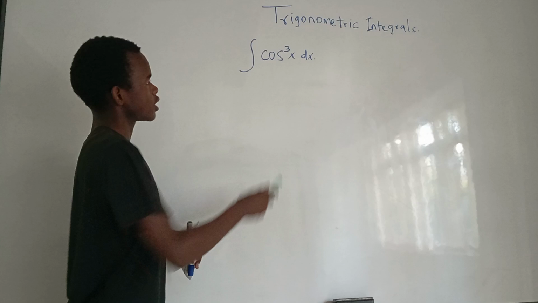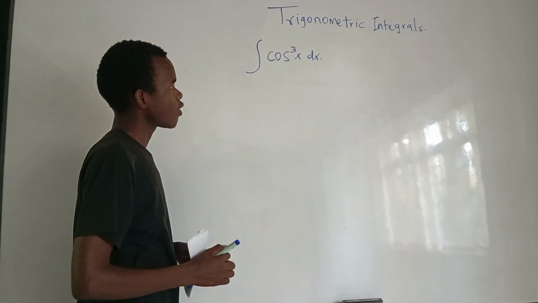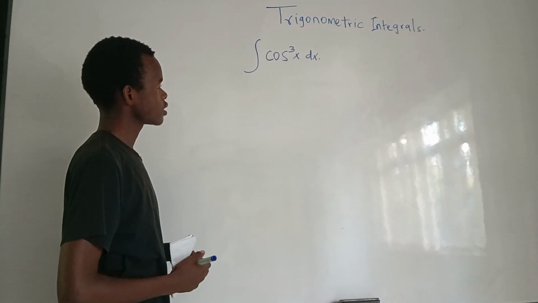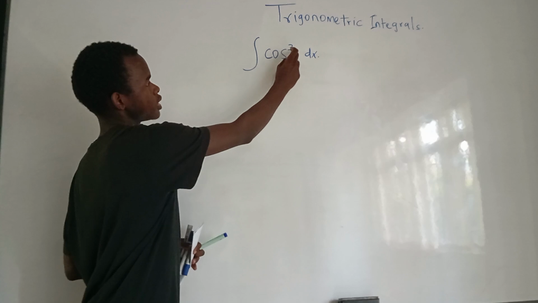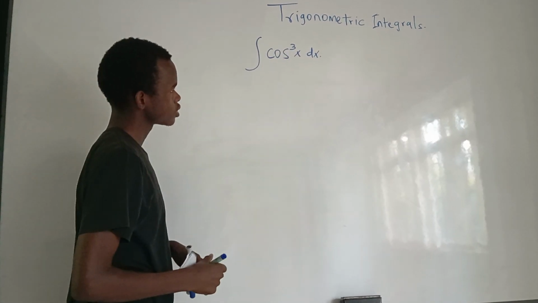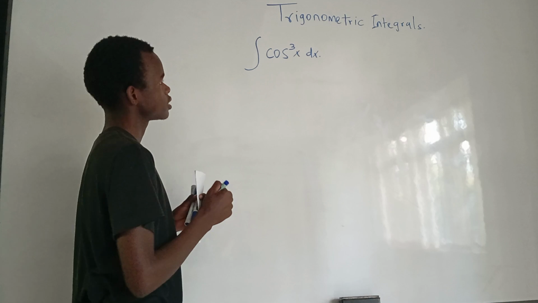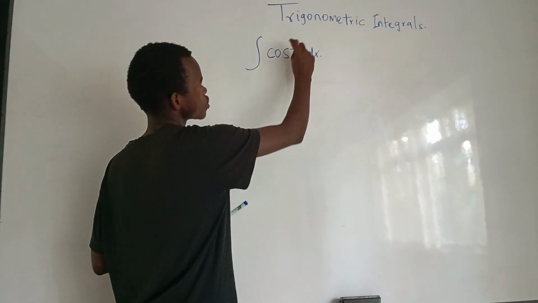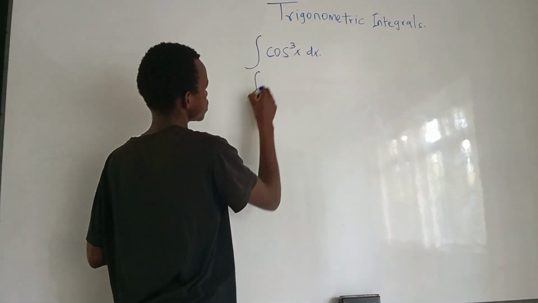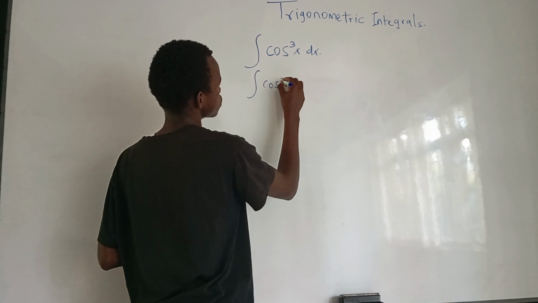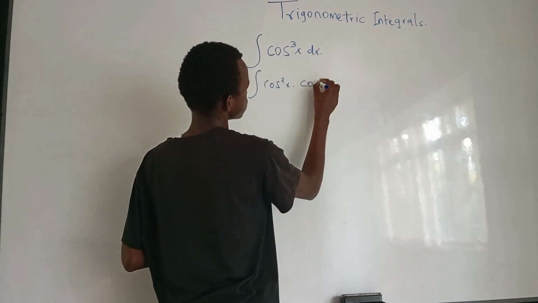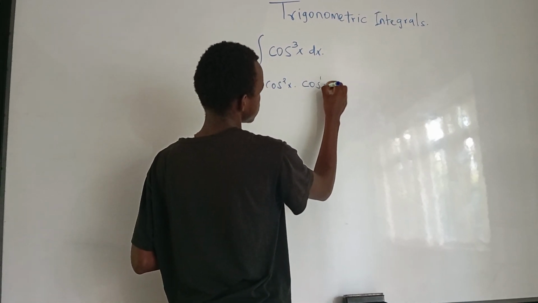This is an odd power of cosine, so I'll just have to split my cos. I'll split off one cos, so I'll get cos squared. My integral becomes cos squared of x multiplied by cos of x dx.